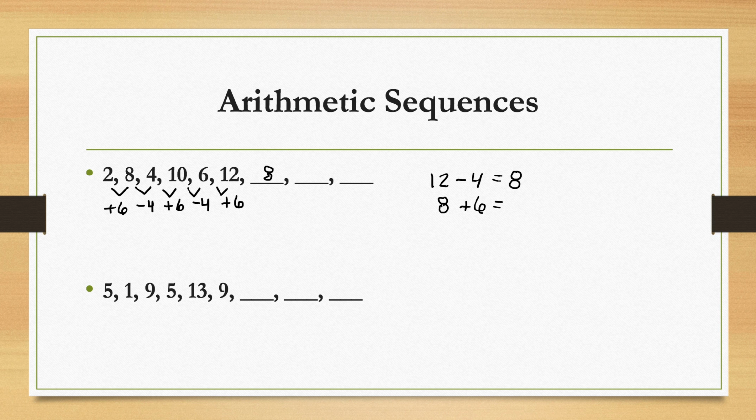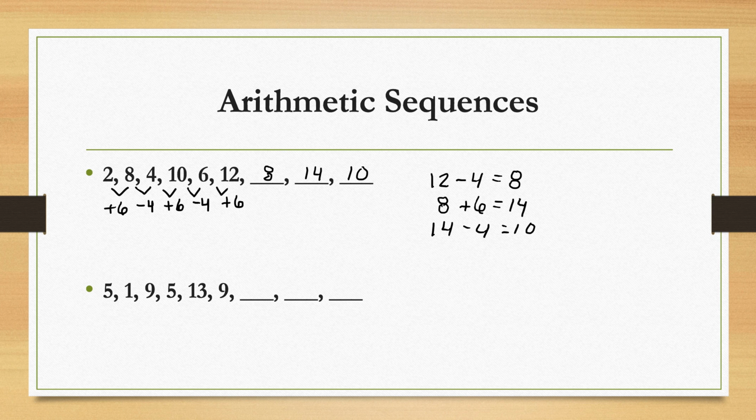And 8 plus 6 is going to be 14. Okay, and then we're back to a minus 4. So I'm going to do 14 minus 4, and that's going to give me 10. Okay, so that completes that arithmetic sequence.